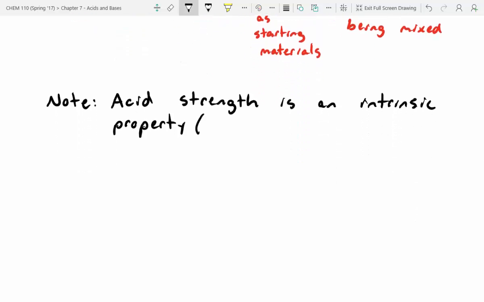Meaning it does not have to do with concentration. So that's something that throws a lot of chemistry students off, is they say, well, because something's concentrated, it must be strong, right? You can't really use that terminology interchangeably. Strong acids are by their very nature strong because of the molecules that are inside of them, right?